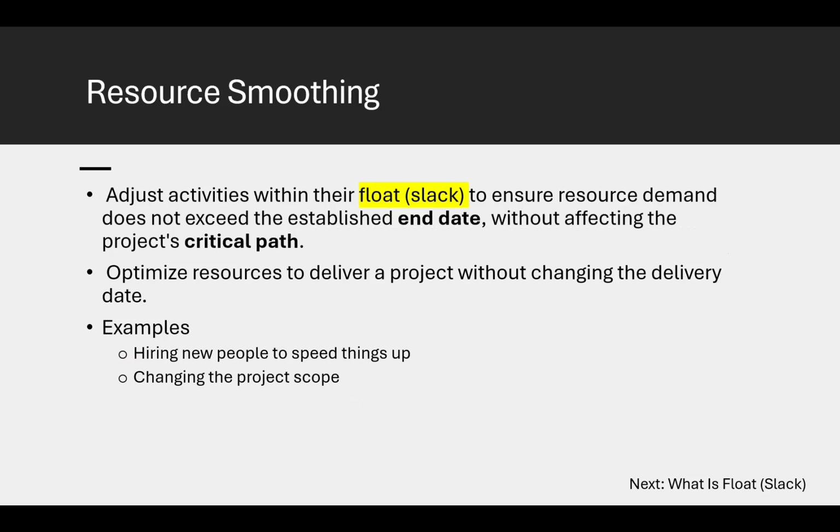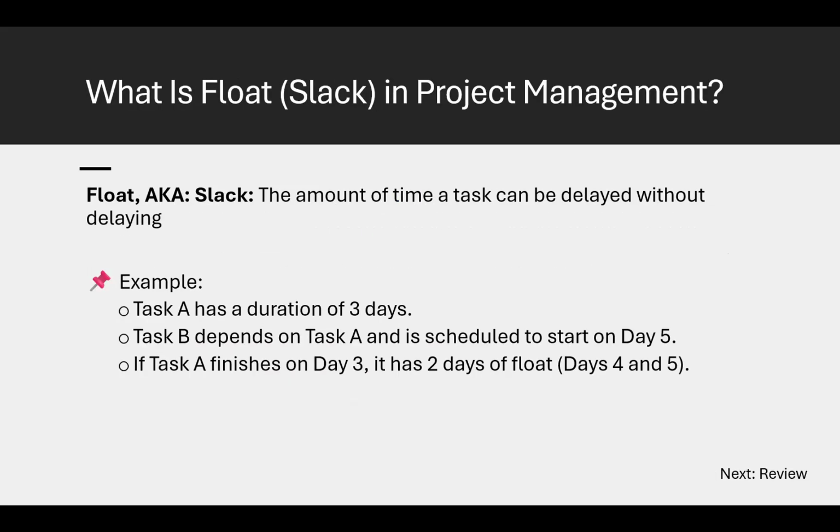Now, here's a reminder. What is float? The amount of time a task can be delayed without delaying the next task. And you have your example. Task A has a duration of 3 days. Task B depends on task A. So task B cannot start doing the work until task A finishes.